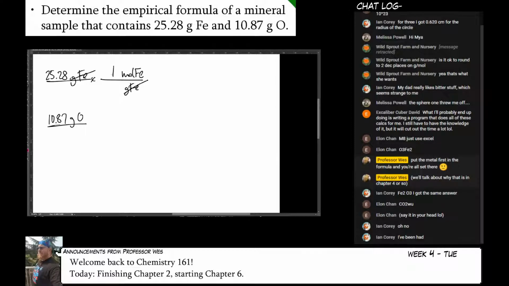So a mole of iron is 55.845 grams of iron. So how many moles are in the sample? Looks like half a mole or so. 25.28 divided by 55.845 is 0.4527.